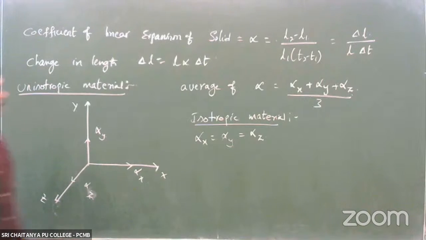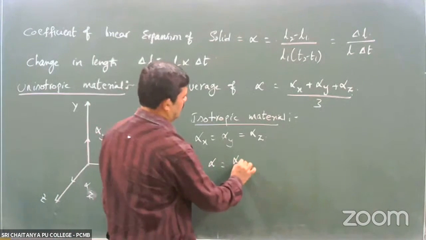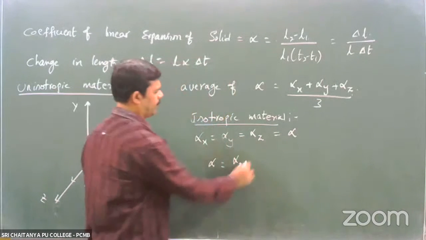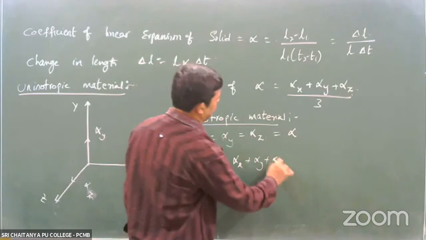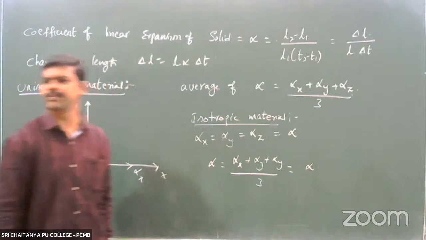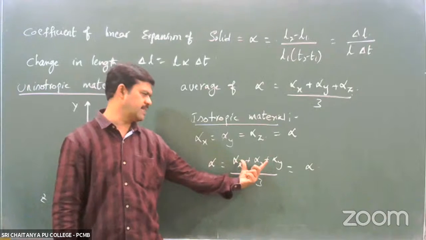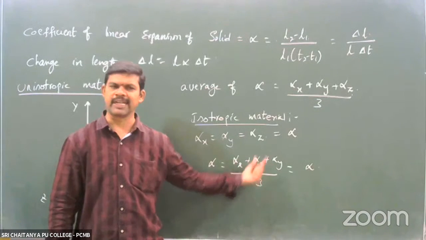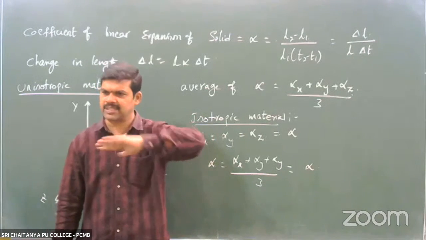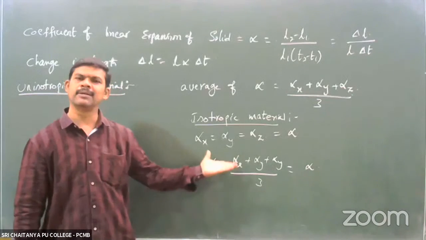Whenever they are the same, average alpha, taking them as alpha, alpha x plus alpha y plus alpha z by 3 is equal to alpha. As these are the same, it comes as 3 alpha x by 3. The 3 gets cancelled, you get alpha x. In 3 directions, the alpha value is the same. In general material, whatever we take, isotropic.